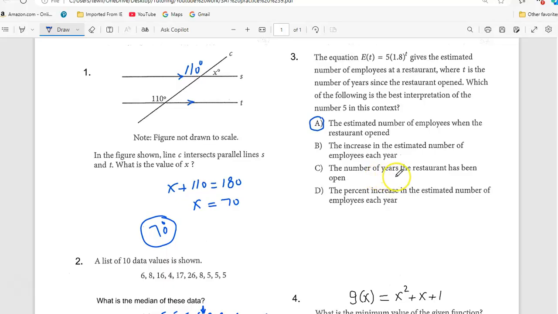The number of years, no, t is the number of years, and the percent increase, it's not the percent increase. This 5 is going to happen if that equals 1. 5 times 1 is 5, and for that to be equal to 1, t has to be 0. So that means when they started, at the beginning of opening the restaurant.